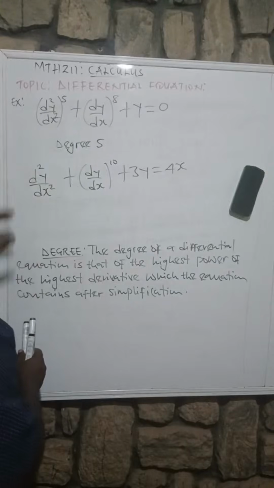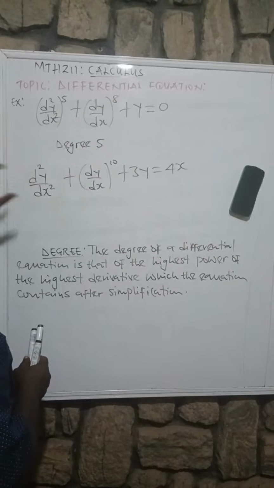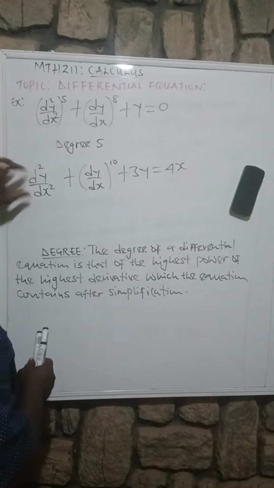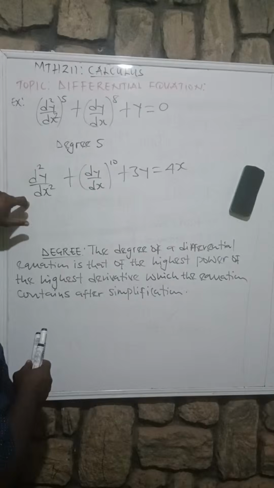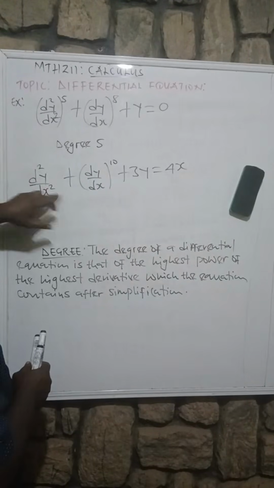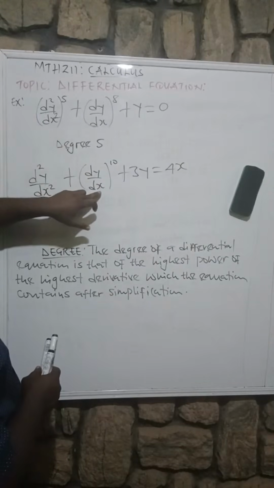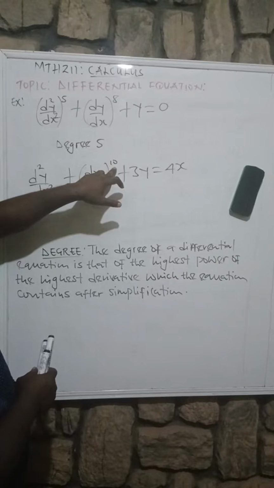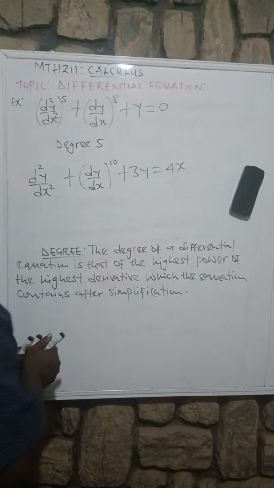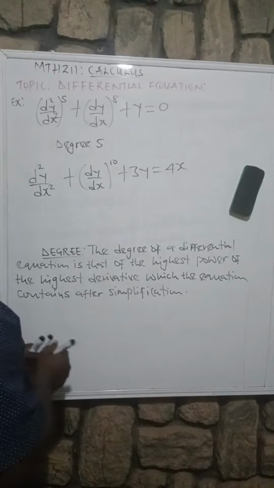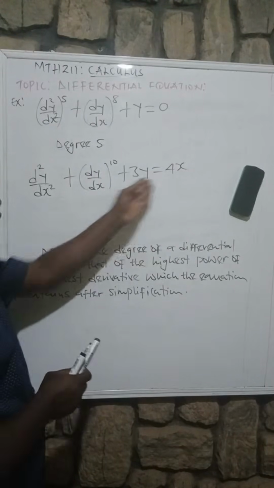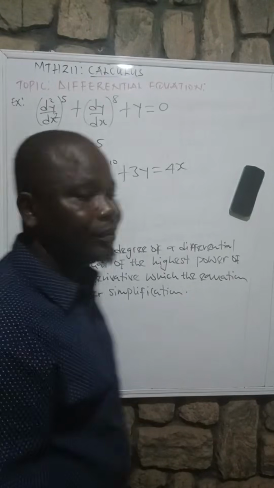So if you can see what I am saying, this is the second order differential equation, true or false? Because d squared y over dx squared. But here we have (dy over dx) squared, open bracket, close bracket, raised to power 10, true or false? But who can tell us the degree of this differential equation? What is the degree?